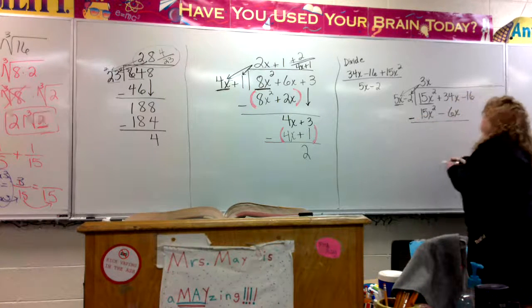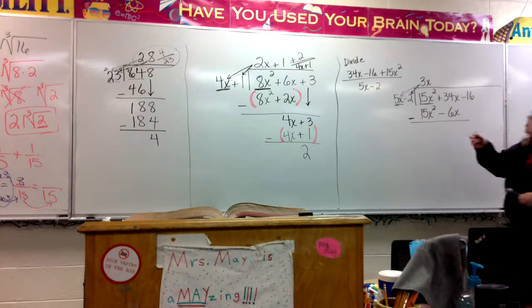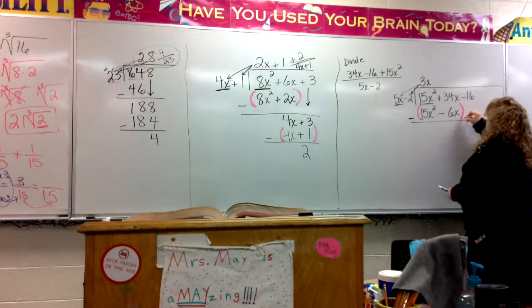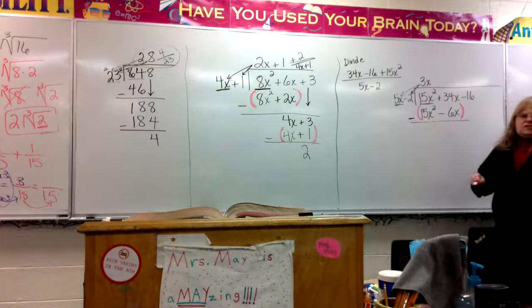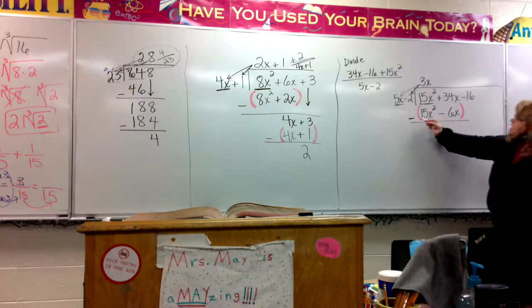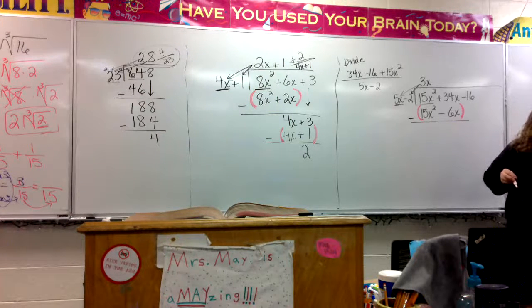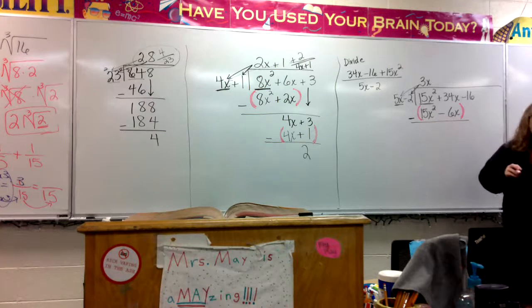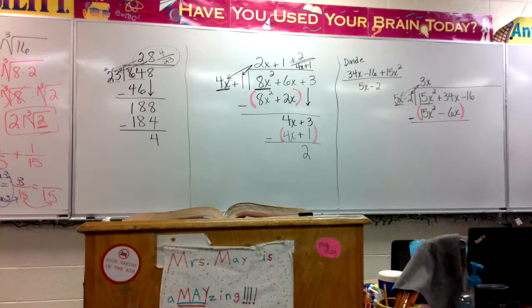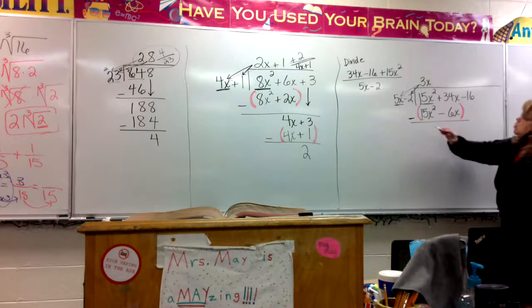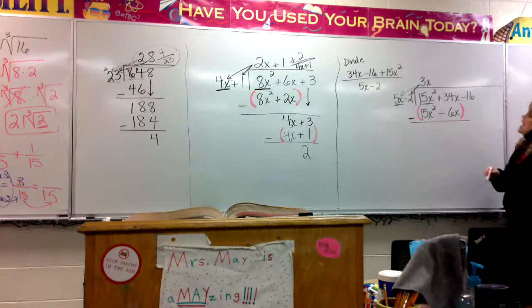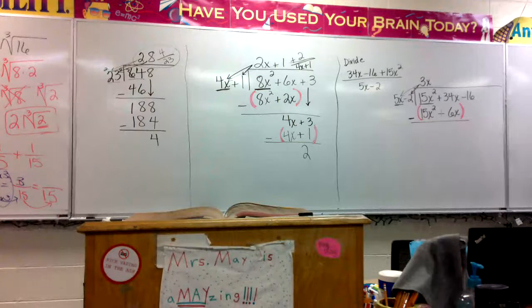But make sure, you have to be careful. We're subtracting all of this. What's 15x squared take away 15x squared? Nothing. 34x. I'm subtracting negative. Be careful. What do you do when you subtract negative? Yeah, really, it's like adding it then, right?